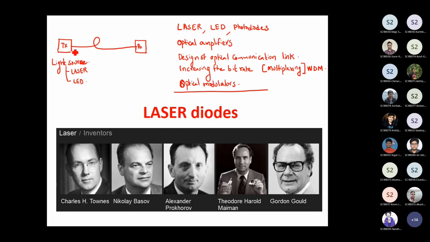So you launch these signals inside an optical fiber, it travels through the fiber, and on the way you might lose some signal. When you lose the signal, obviously you're going to have some attenuation. So periodically you need to amplify and strengthen the signal so that the receiver, when it receives the signal, can properly determine whether it has received a 1 or a 0.